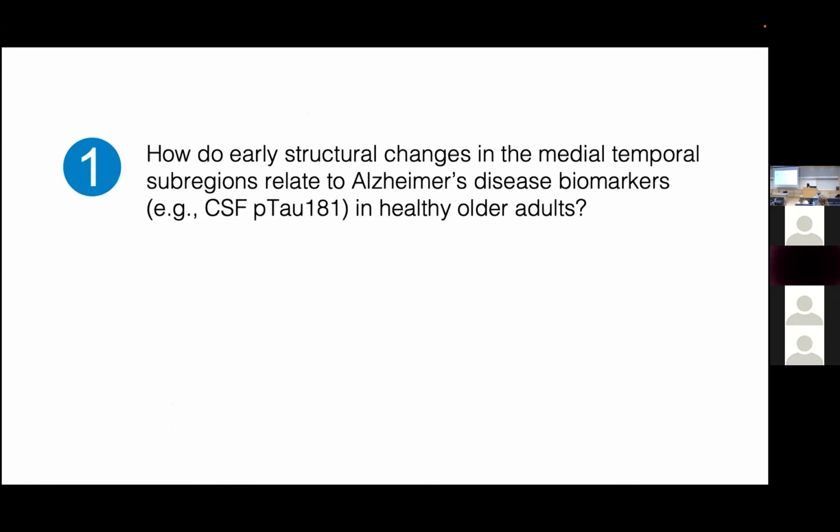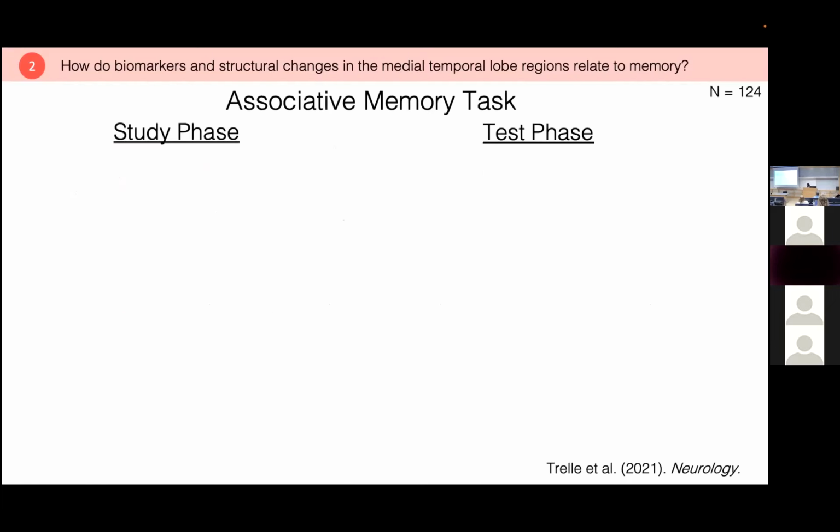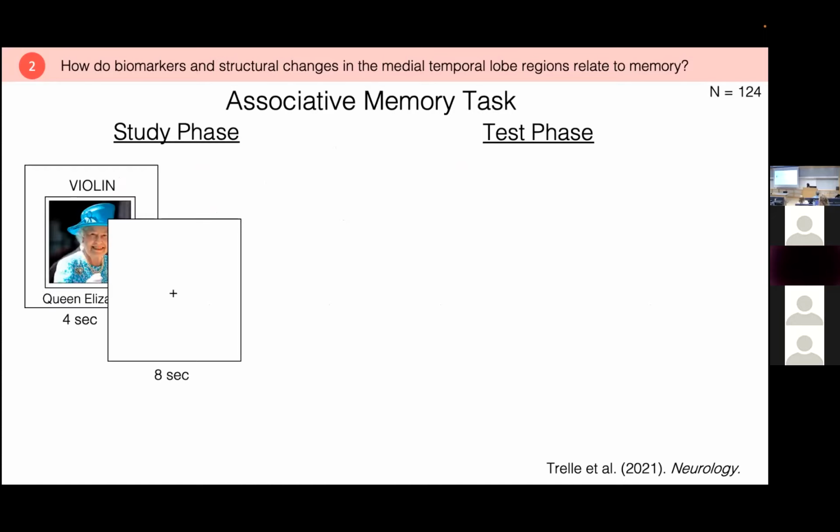And so I've answered the first question about how early structural changes in the medial temporal lobe relate to p-tau. The next question is trying to understand how p-tau and volume in CA1 relate to memory performance. We looked at memory performance on two separate tasks. The first task is an associative memory task. This was actually done in the fMRI scanner, and we previously published some of this data.